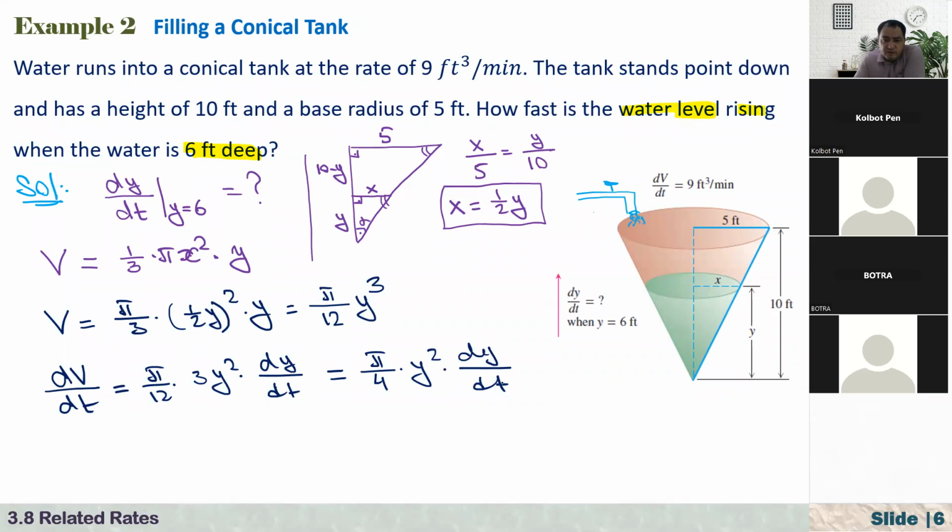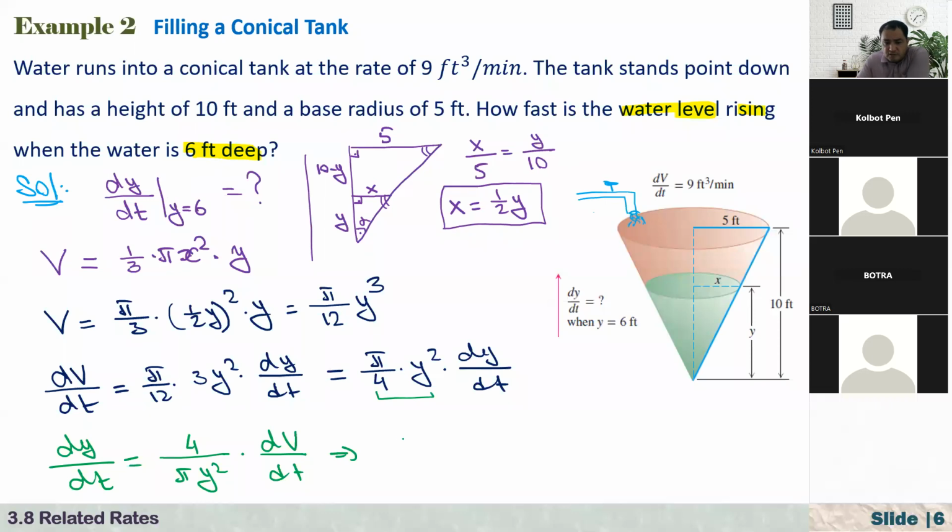So what we have to find here is dy/dt, right? First, let me express this in terms of the other variables in the equation. So here we have dy/dt equal to, move these two guys to the left-hand side, 4 over pi times y squared, and on the right-hand side we have dV/dt.